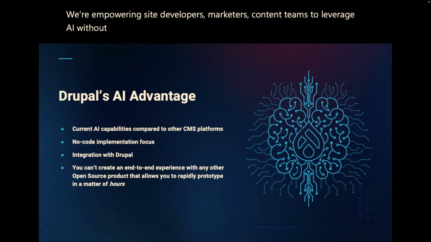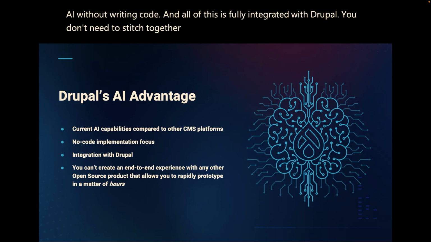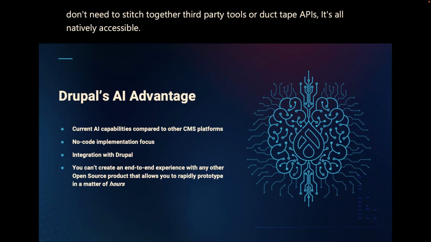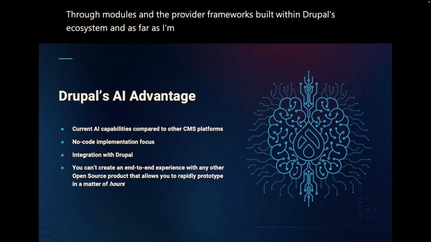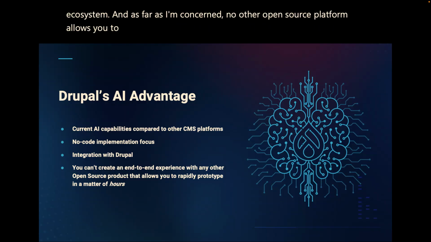And all of this is fully integrated with Drupal. You don't need to stitch together third-party tools or duct tape APIs. It's all natively accessible through modules and the provider frameworks built within Drupal's ecosystem. And as far as I'm concerned, no other open source platform allows you to build an end-to-end AI-powered experience this fast.